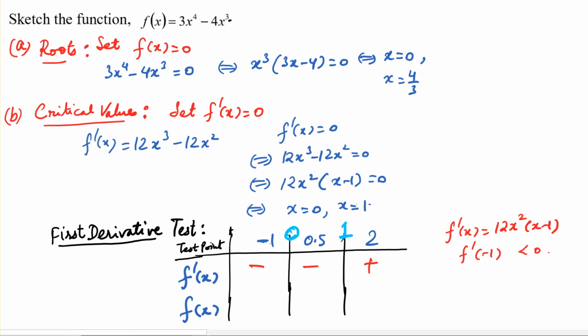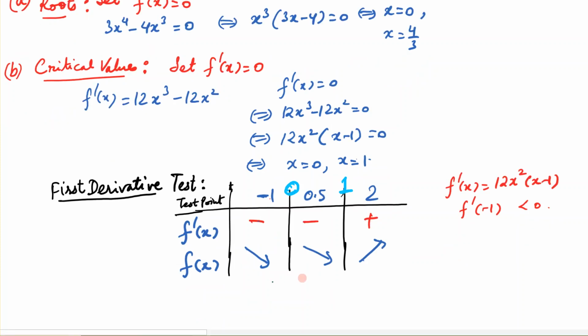Based on this, we decide that when the slope is negative, the function is decreasing, and when the slope is positive, the function is increasing. Since there is no change in the sign of the slope at x equal to 0, it is always decreasing. So x equal to 0 is our inflection point: no change in the slope, it's continuously decreasing.